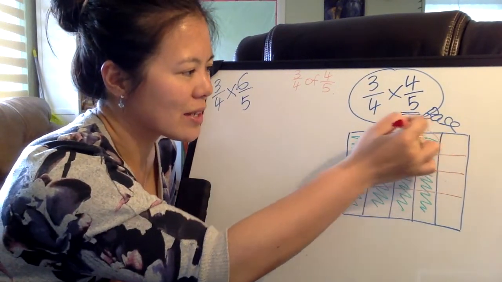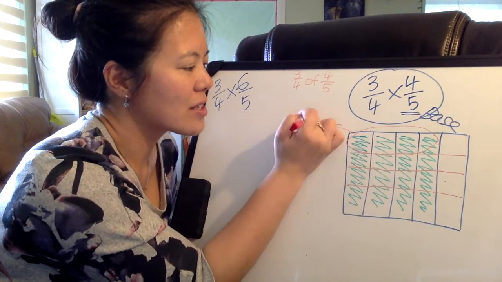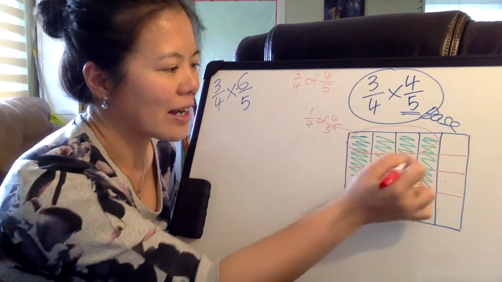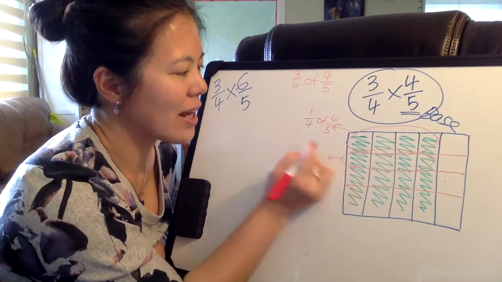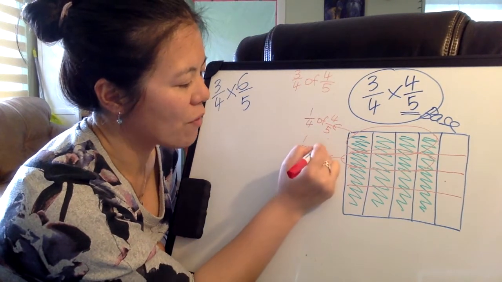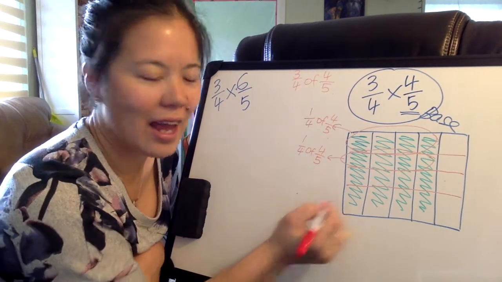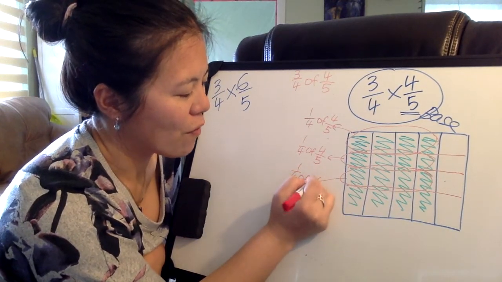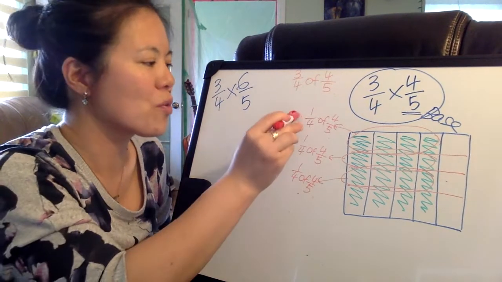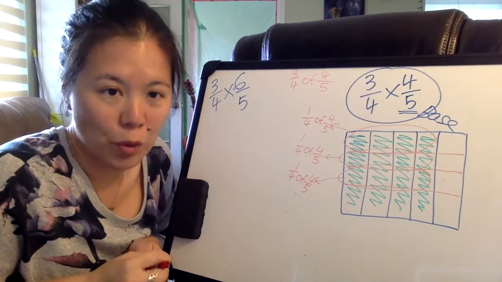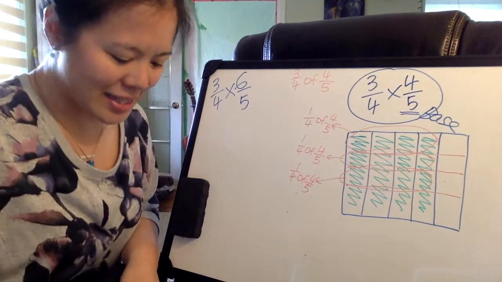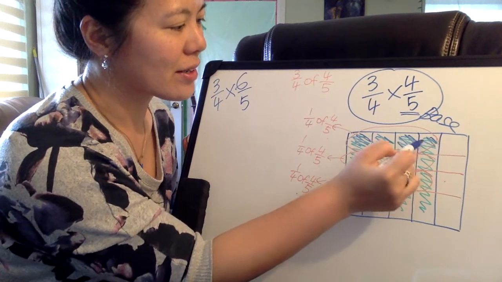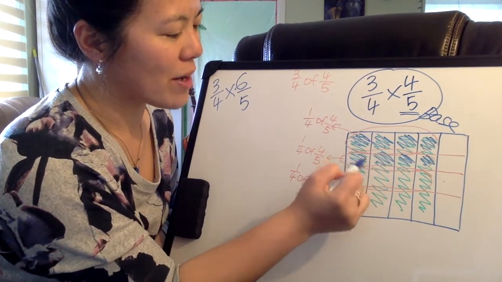As you see, this part is 1/4 of 4/5, and this is another 1/4 of 4/5, and here I have another 1/4 of 4/5, and now I have 3 1/4 bits. So that means these bits right over here.